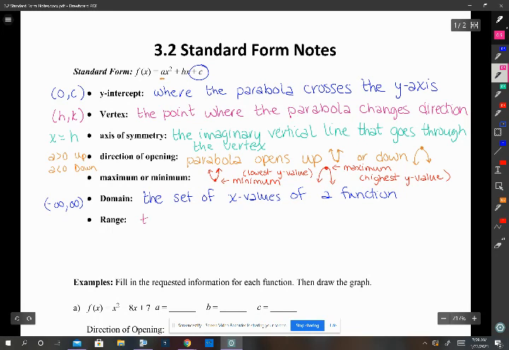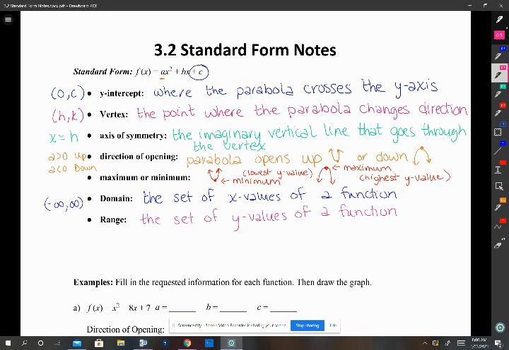And range is going to be the set of y values of your function. And with a quadratic, the range is always going to be dependent on if it's a max or a min.